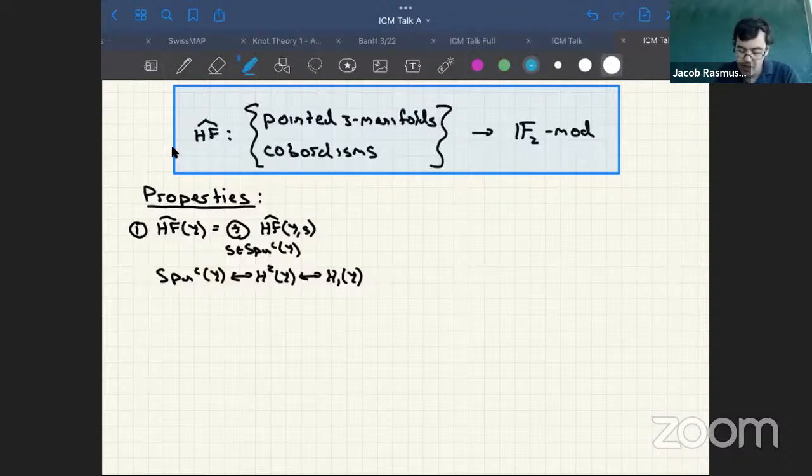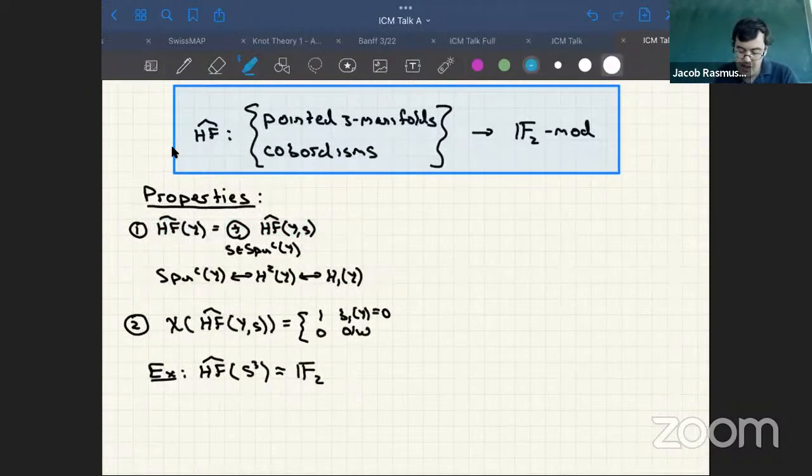So if I take the group HF hat of Y, it's a functor that assigns, really, an F2 vector space to a closed 3-manifold Y, that actually splits as a direct sum over groups that I'll call HF hat of (Y, s), where s is a spin^c structure on Y. Equivalently, you can think about spin^c structures as being in bijection with H^2 of Y in a non-canonical way, or even better with H_1 of Y.